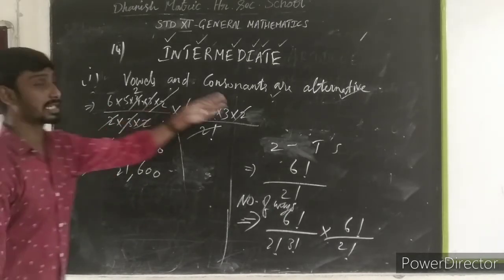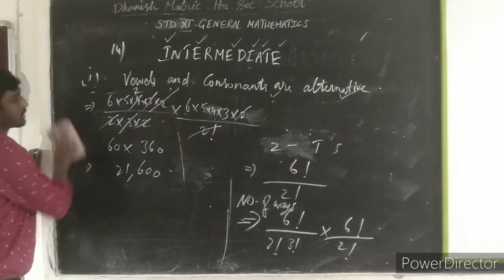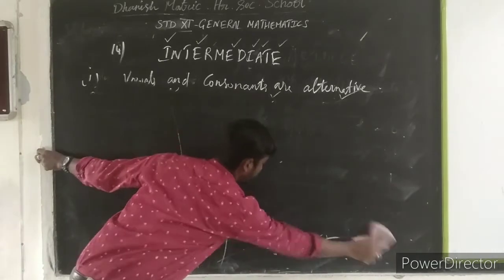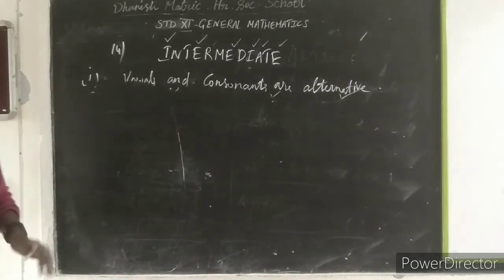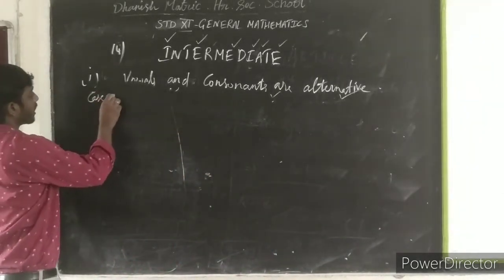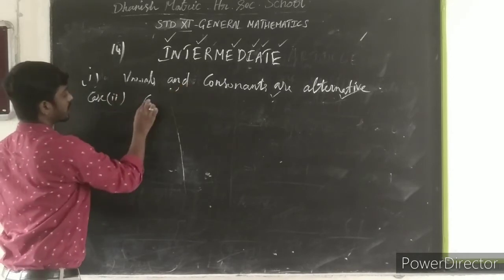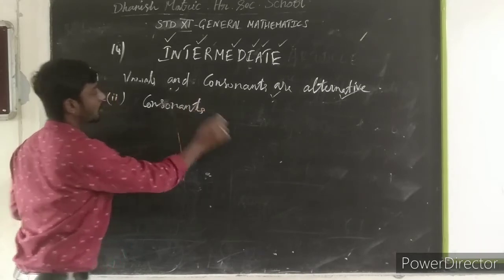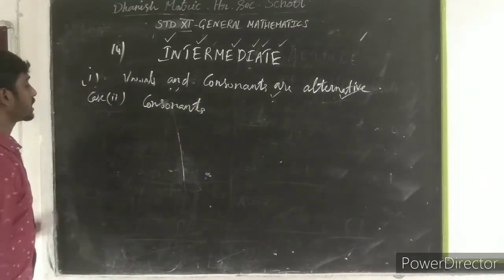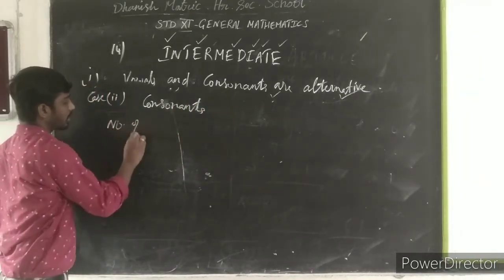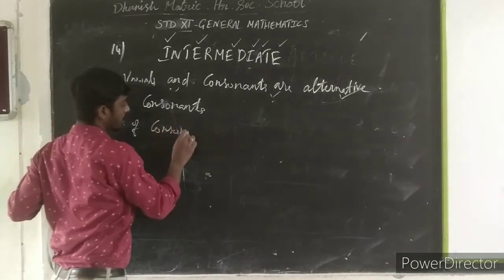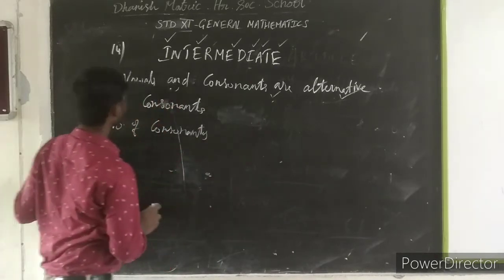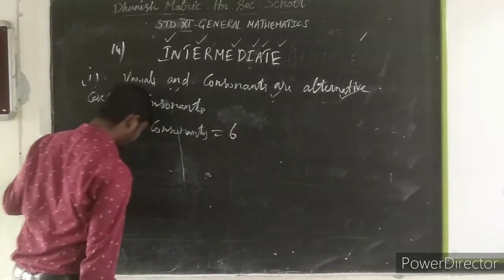Now coming to the consonant, that will be case 2. What is the consonant case? Because we are using alternation here. So the number of consonants, that is n, the number of consonants will be 6 here.